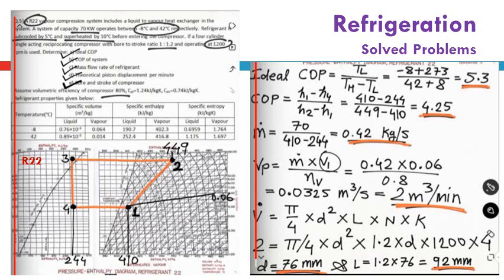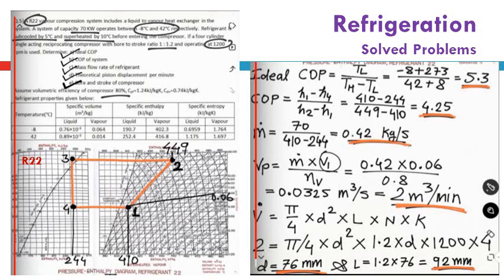So the volume flow rate in meter cube per second equals 0.42 multiplied by 0.06, the specific volume, divided by 0.8, the volumetric efficiency, which gives a displacement volume of 0.325 meter cube per second. By multiplying it by 60 to transform it from meter cube per second to meter cube per minute, we can get the piston displacement in meter cube per minute.